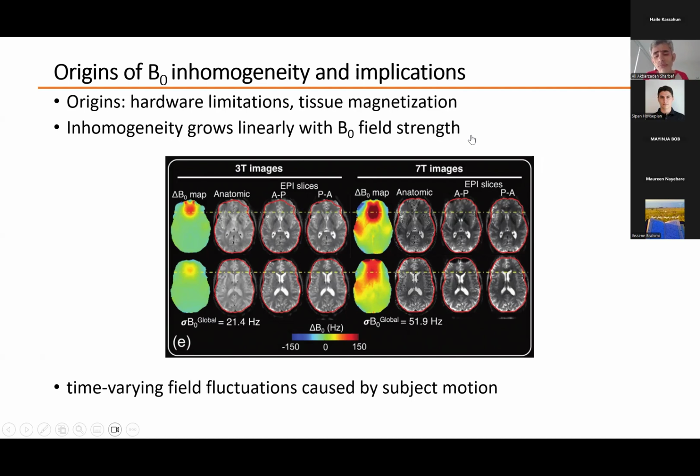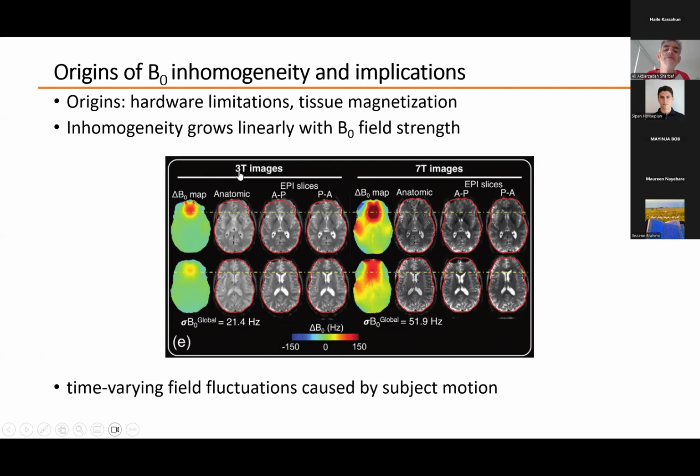And this becomes worse and worse in high field MRIs because inhomogeneity grows linearly with the B0 field. So we have to have some measures to solve the B0 field inhomogeneity inside the subject.